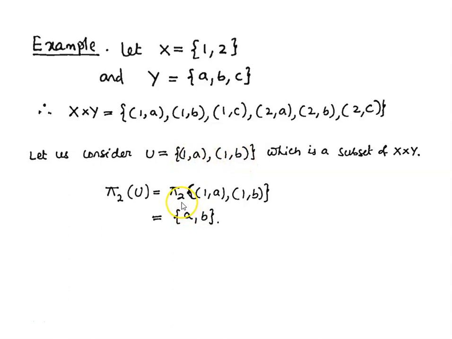That means pi2 operated on (1,A), (1,B), we get A and B. So pi2 operated on this set U gives the set {A, B}, which is a subset of Y. Similarly, if we operate pi1 on a subset of X cross Y, we'll get a subset of X.